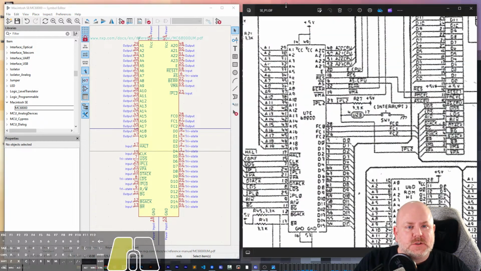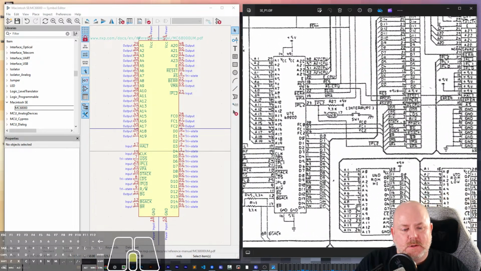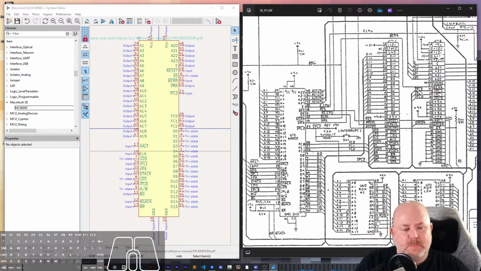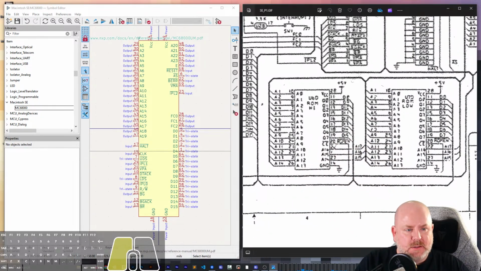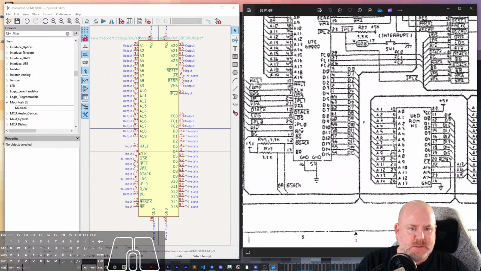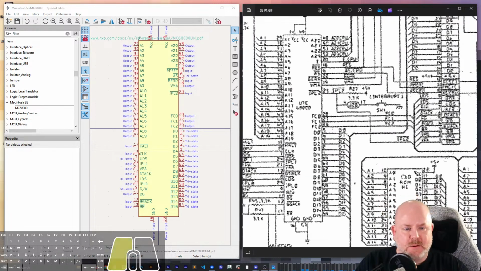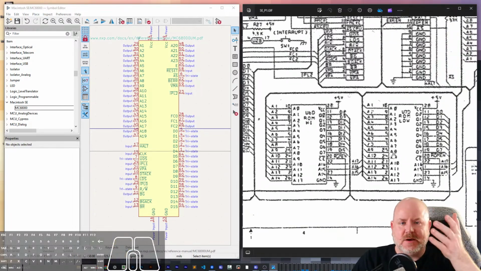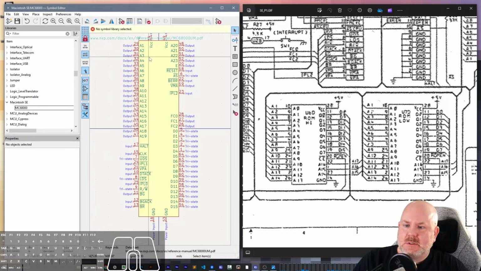Okay, so the next question we have to address is, I think we're going to go ahead and make these ROMs, just because. I think we'll make a couple of these other chips too, because if we plop this down right now, there's pretty much nothing to draw. So let's do a new symbol.